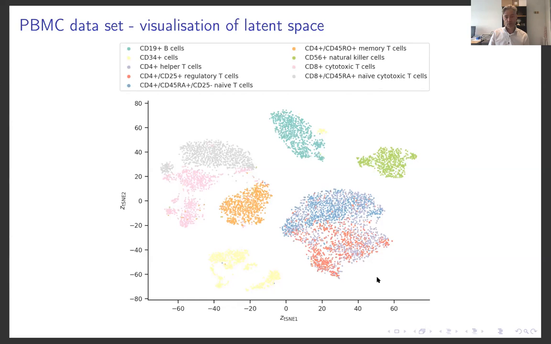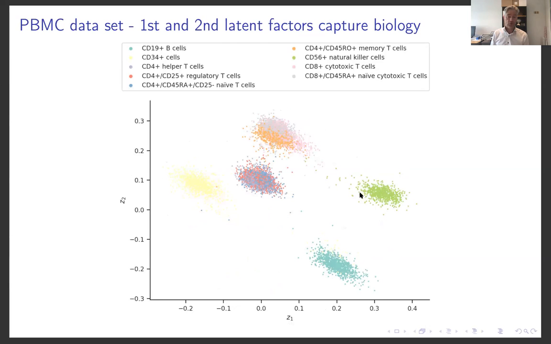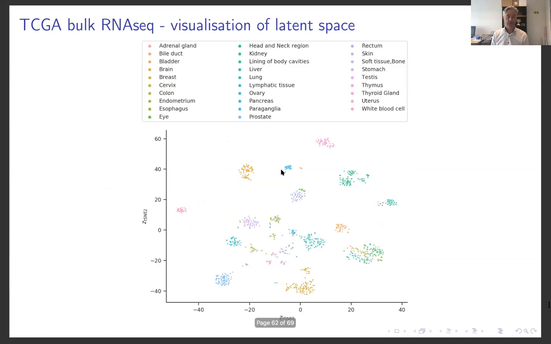Yes, you can see there's some overlap between some types, but biologists tell me that is to be expected. We can also interrogate particular latent factors, and just taking the first 2 latent factors, we can see a pretty good separation of the data.